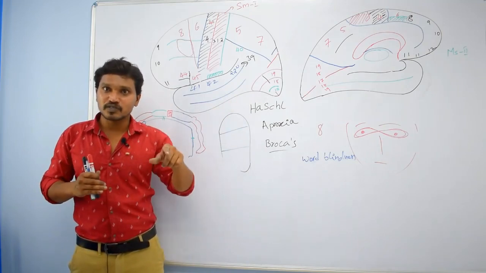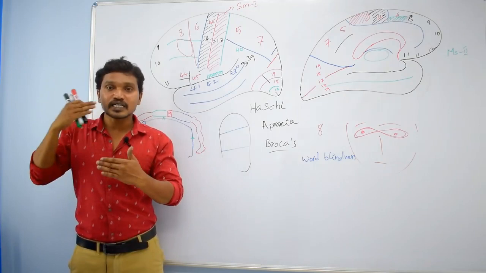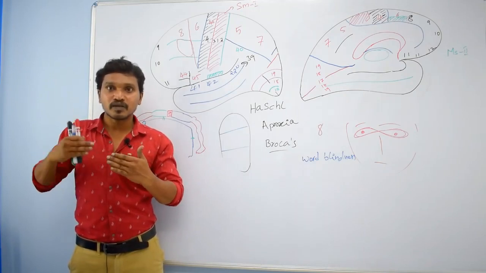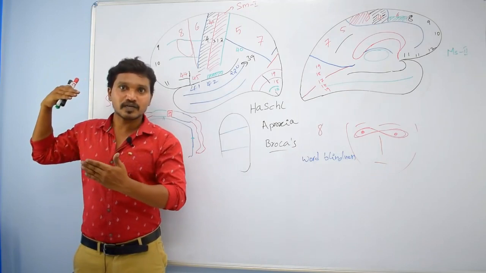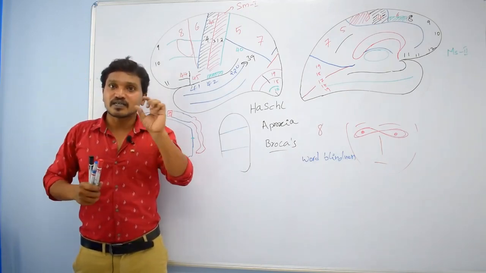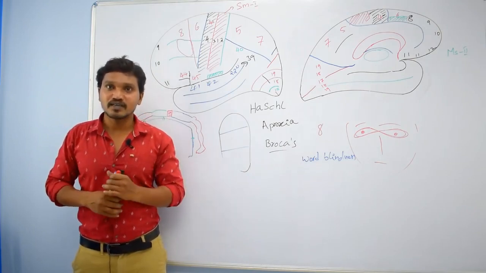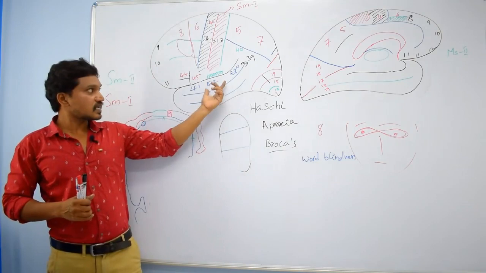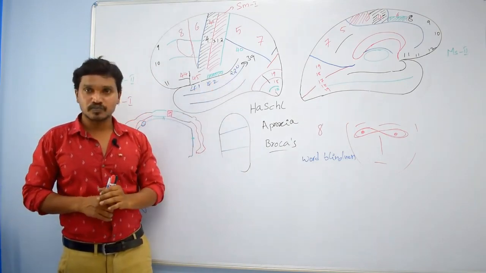If it is music, there will be further integration and interpretation, then again comparison with past memory, then recognition of which movie the sound is from. So that is area number 41, 42 and 22.